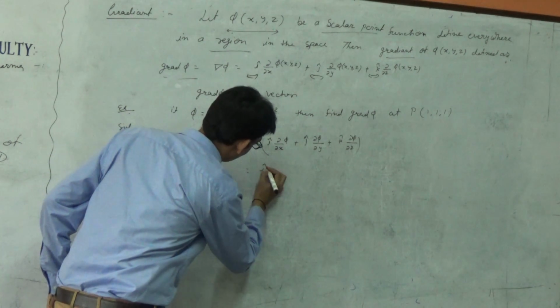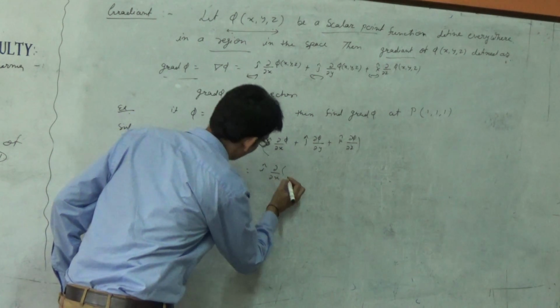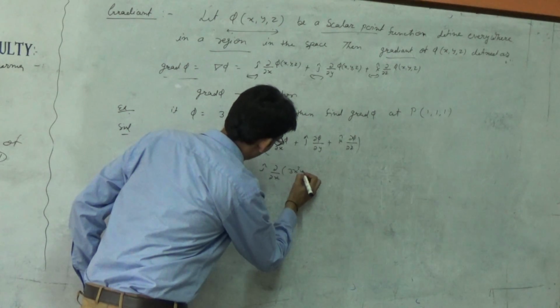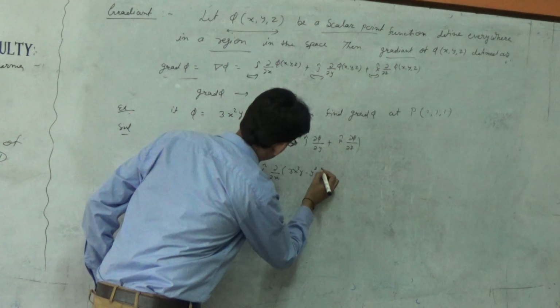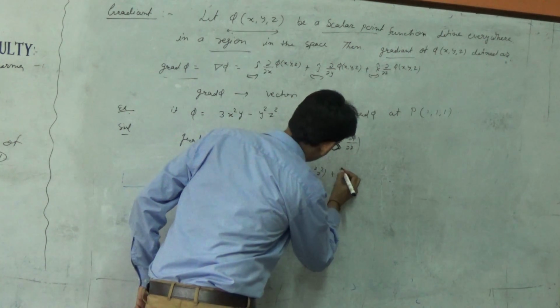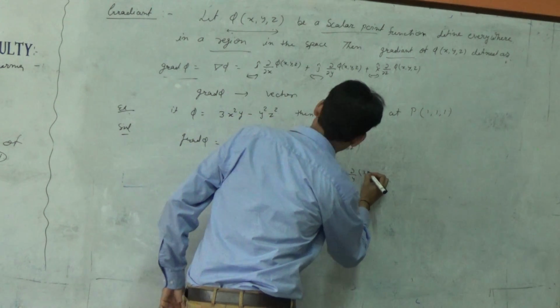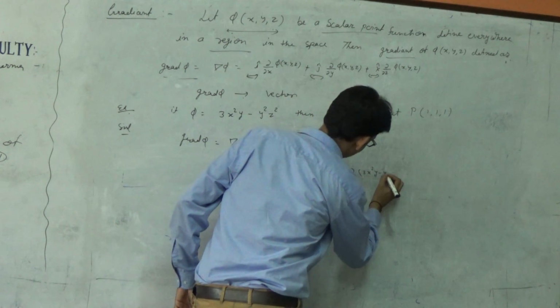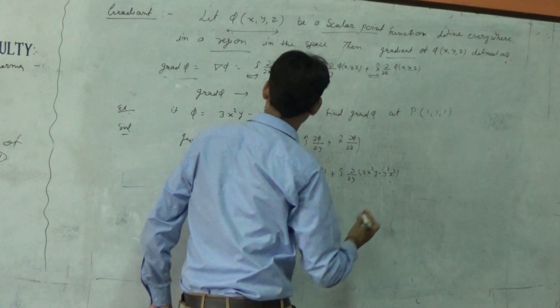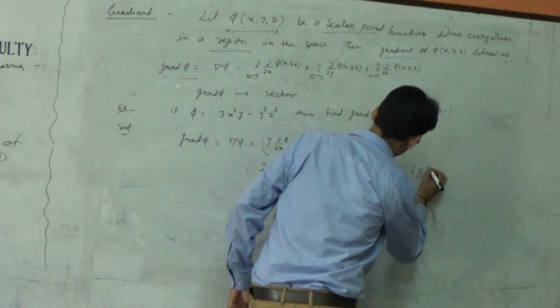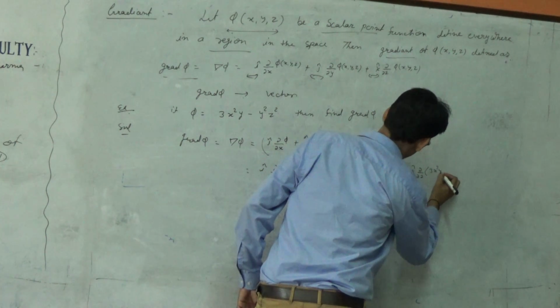Then i del upon del x of 3x squared y minus y squared z, plus j del upon del y of 3x squared y minus y squared z, plus k del upon del z of 3x squared y minus y squared z.